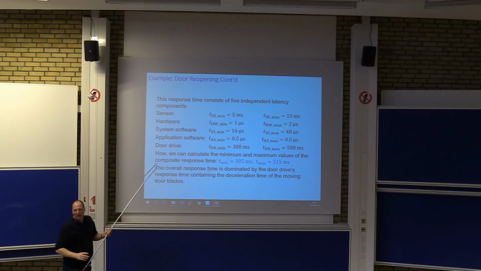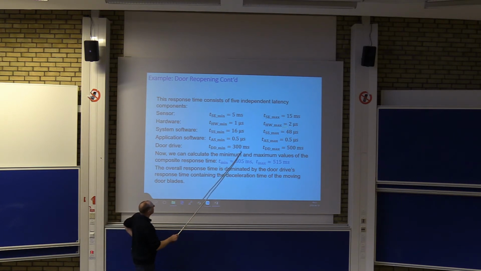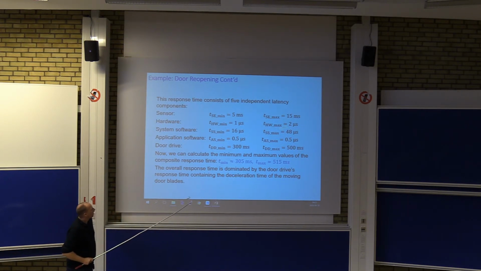So keep that in mind, that you do not only consider your control task, but also the environment here that puts the bounds. You see in this case, if you look at the numbers, you had 300 milliseconds on the door drive, and all the others in total added up to 5 milliseconds.